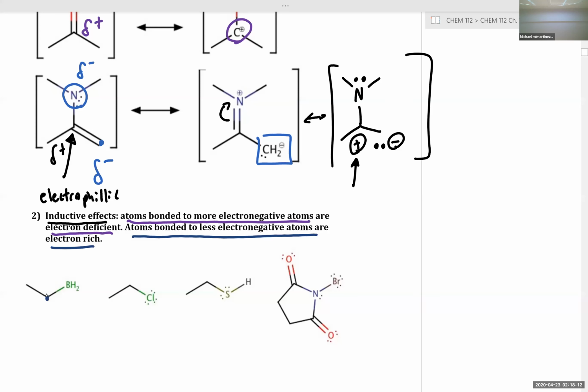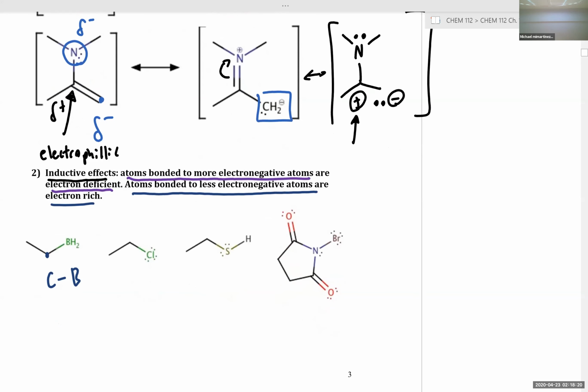So for example, if we think about a carbon-boron bond, what atom is more electronegative, carbon or boron? And this will be important later. What's more electronegative, carbon or boron? Carbon, right? So carbon has a delta minus, boron has a delta plus.